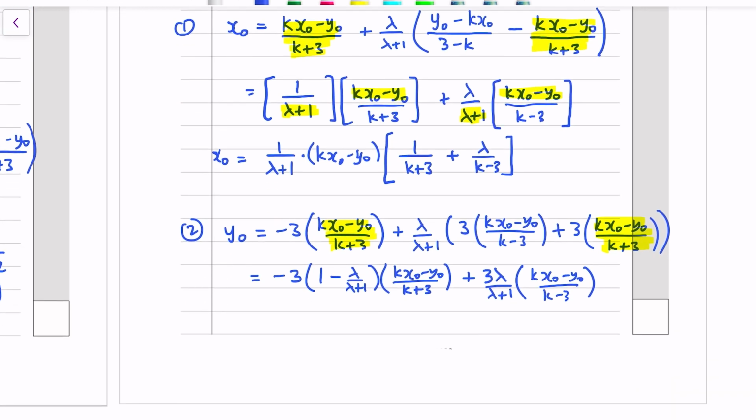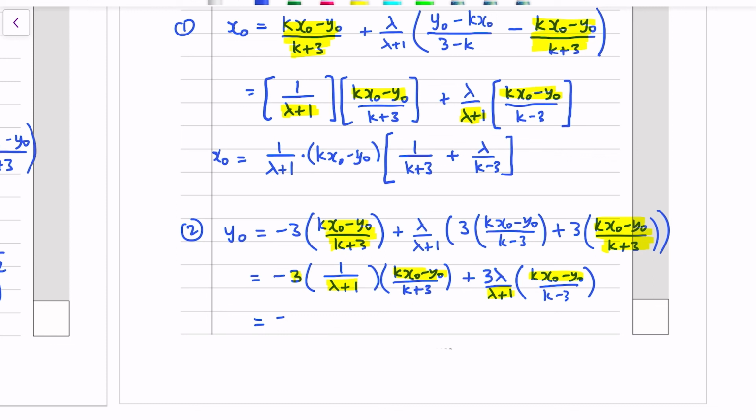Again, that first bracket simplifies, it's lambda plus 1, take away lambda, all over lambda plus 1, so 1 over lambda plus 1. Here's a common factor of lambda plus 1, there's also a 3, lambda plus 1 there, there's this kx naught minus y naught thing. Apologies for the length of this video.